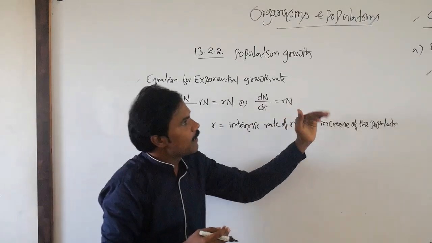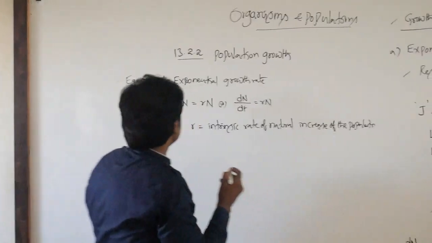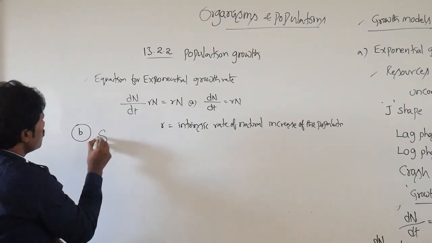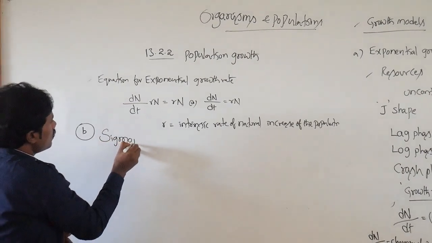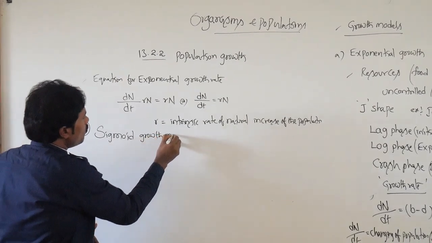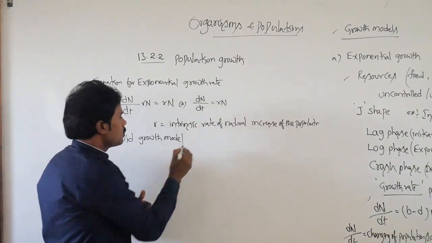Then related to another growth model, model B, that is the sigmoid growth model or logistic growth.